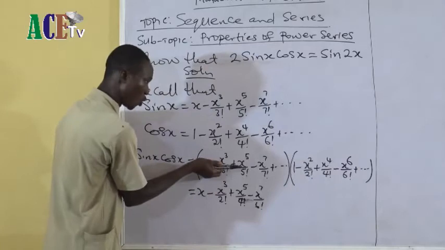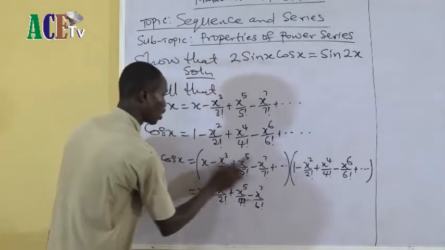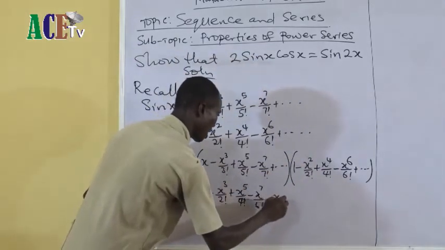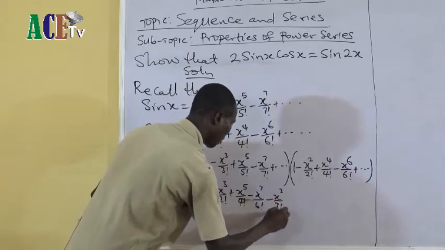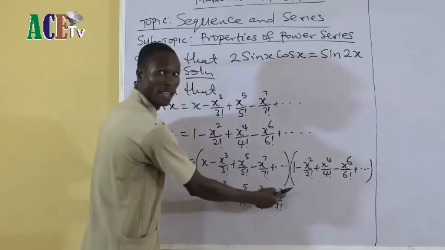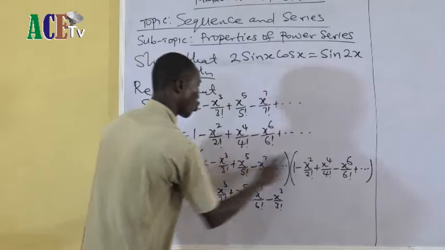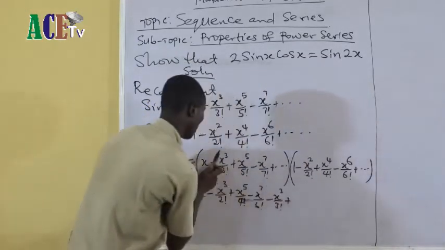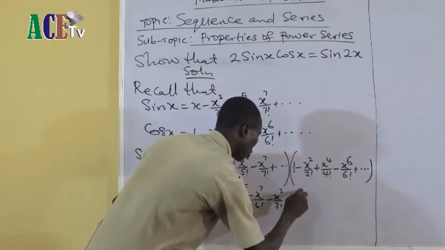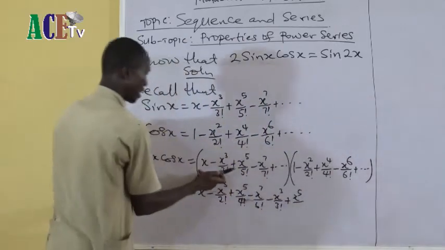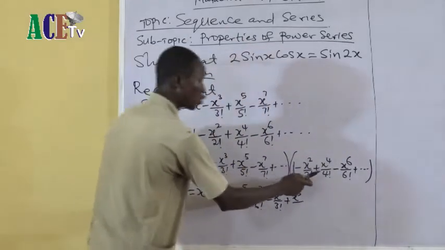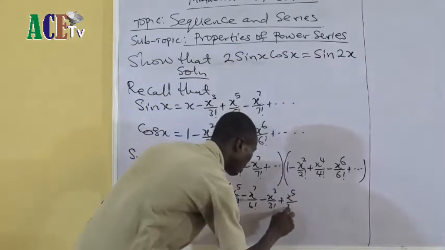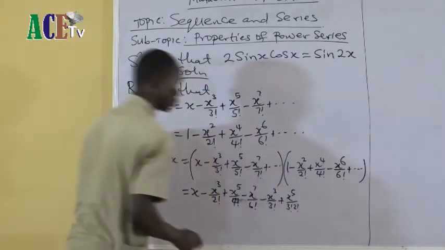I will come to this one and this. If I use this to multiply this, I'll get minus x to the power 3 over 3 factorial. You can see this and this are here. Then I will go to this one, will give me plus this times this: x to the power 5 over 3 factorial, 2 factorial.